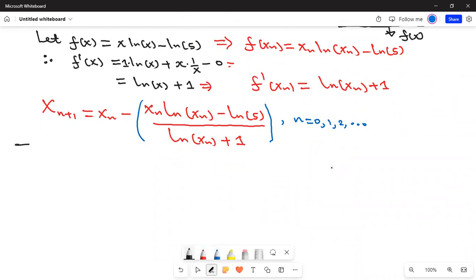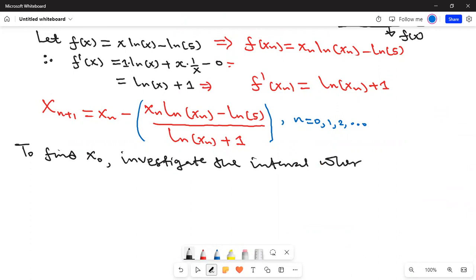So you can write, to find x naught, investigate the interval where f of x changes signs. So you are going to work out this.